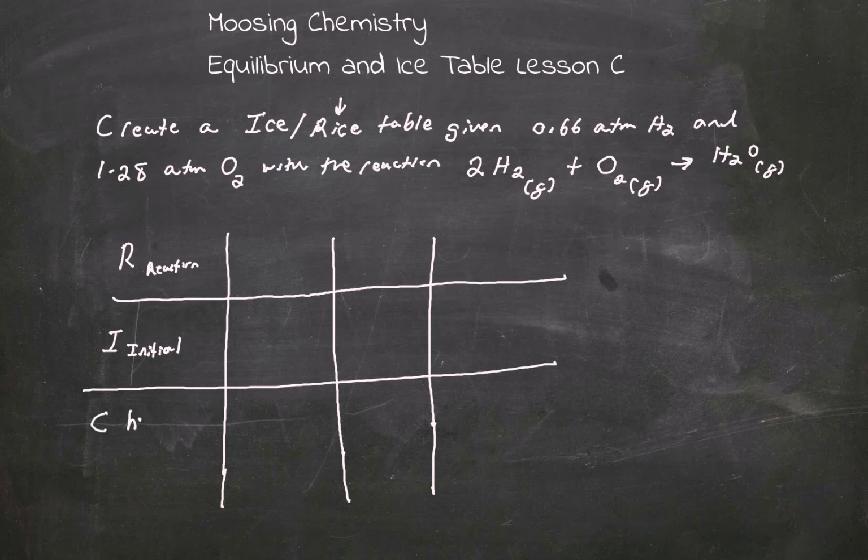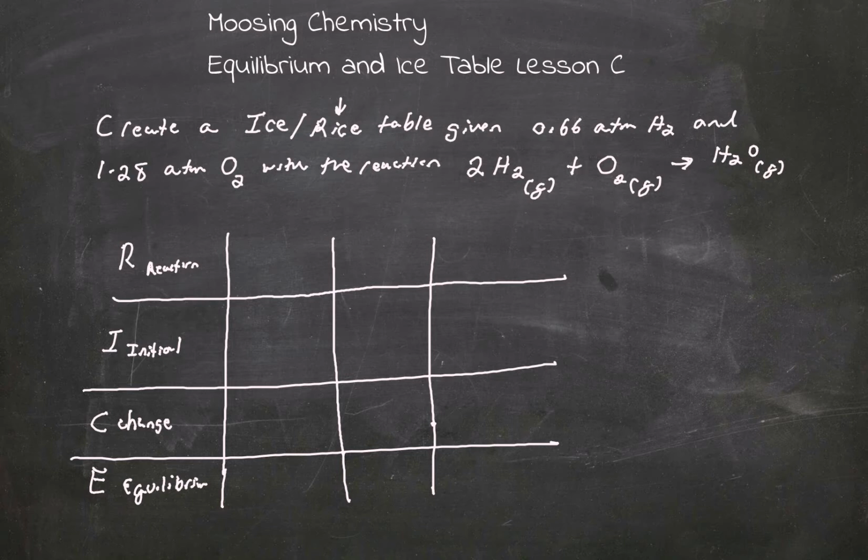And that's the C. And then last but not least, we have our equilibrium, which is E. Alright, so that's how we get rice.